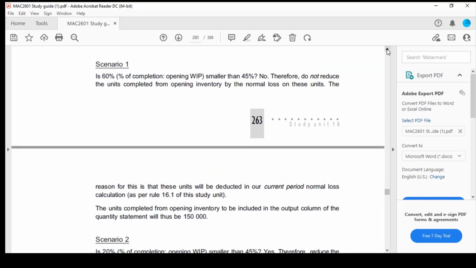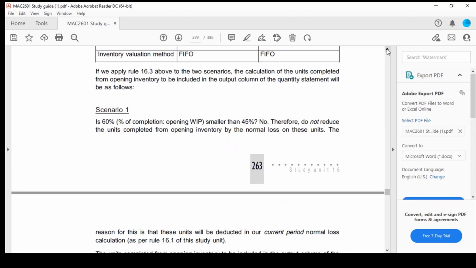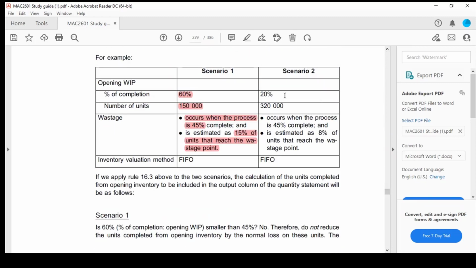Okay, let's look at scenario 2. Your opening WIP is 20%. The number of units that we're dealing with is 320,000. Your wastage point happens at 45% of this process, and they give you that your estimated loss would be 8%.